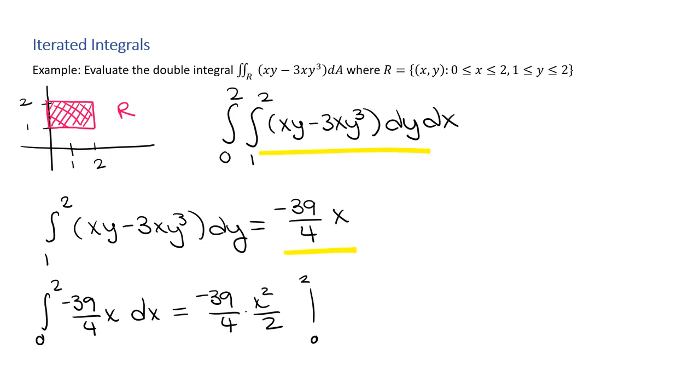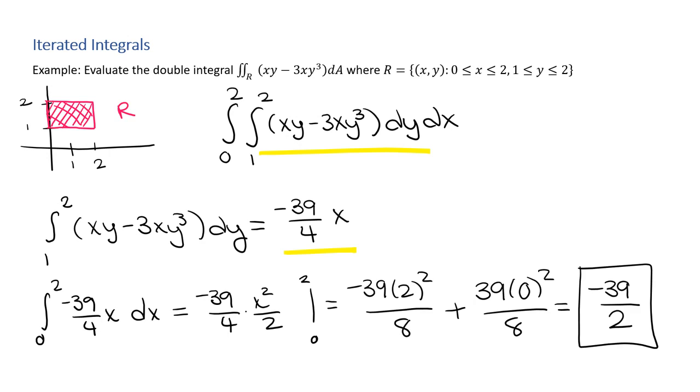So that becomes negative 39/4 times x squared over 2. And then I plug my bounds of integration in. I plug in the 2, I plug in the 0, and I subtract them. And I got negative 39 halves.